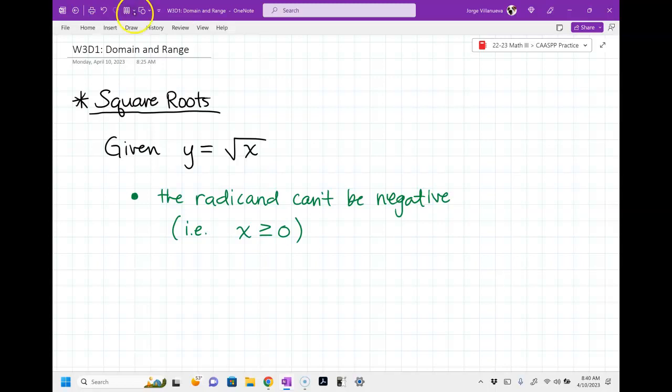Okay, remember the radicand is the stuff inside of the square root. It doesn't just have to be x. It could be an x minus 3. It can be a 2x. It can be a 4x minus 8. It can be whatever it wants to be. But whatever is inside has to be greater than or equal to 0. That's a formula that you're going to kind of work with to try to figure out your domain. Okay, so this is going to be for domain. I'm going to put this right here. This is going to be for domain.